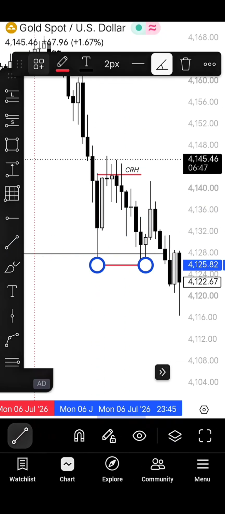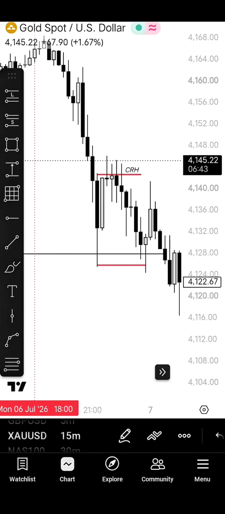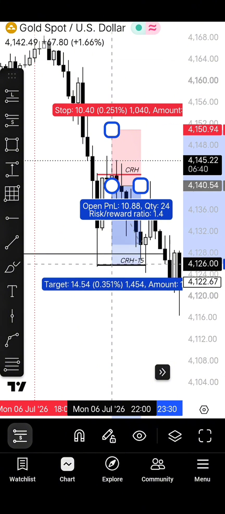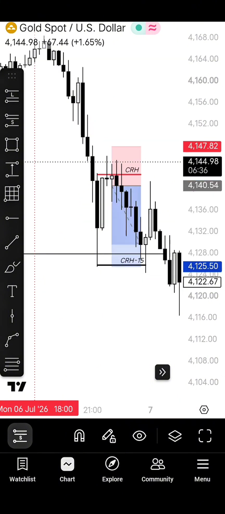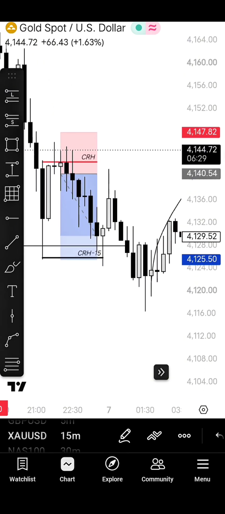The white candle was an inside bar candle, that's why I didn't take it as CRL. Okay, so this candle broke it. For example, this was my target 1 to 2. So here you can see that your TP is hit. Just simple like that, bro. Nothing more complex, you can say.